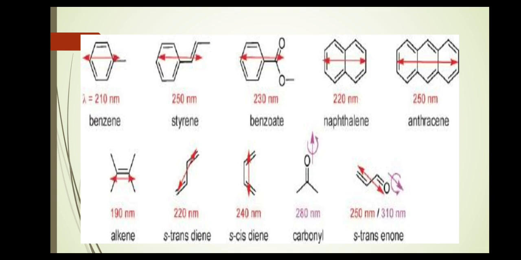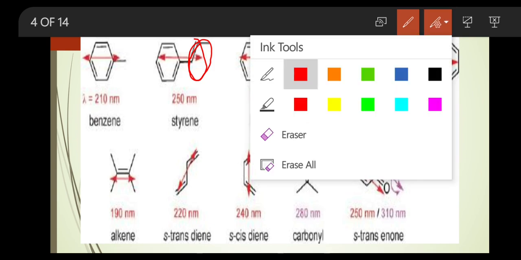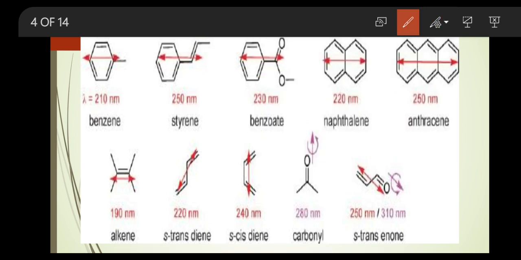There is extended conjugation: 3 double bonds are there, and there is another pi bond, this one. This is an extra pi bond, because of which the absorption goes to 250 nanometers.